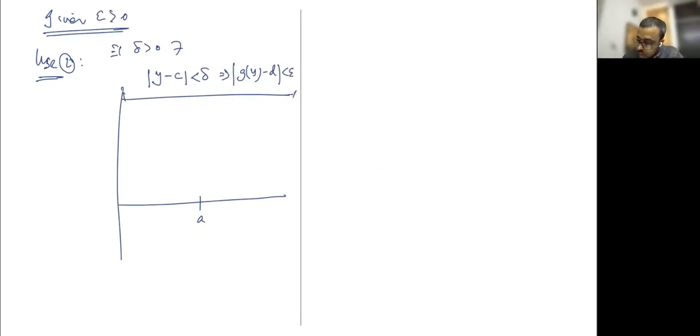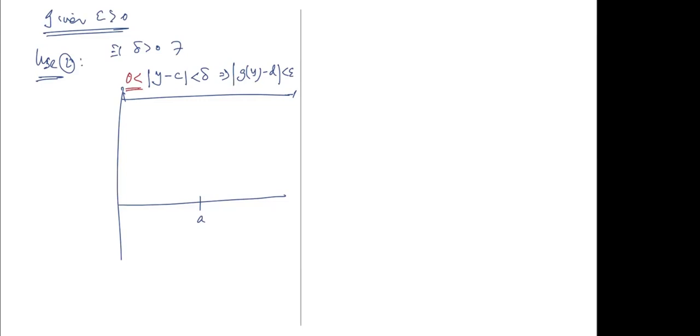Any modification needed here? Right, this is a limit. So you are not interested in the value at c, but only in values of g at points close to c, right? You exclude the point c. Okay, now go ahead.